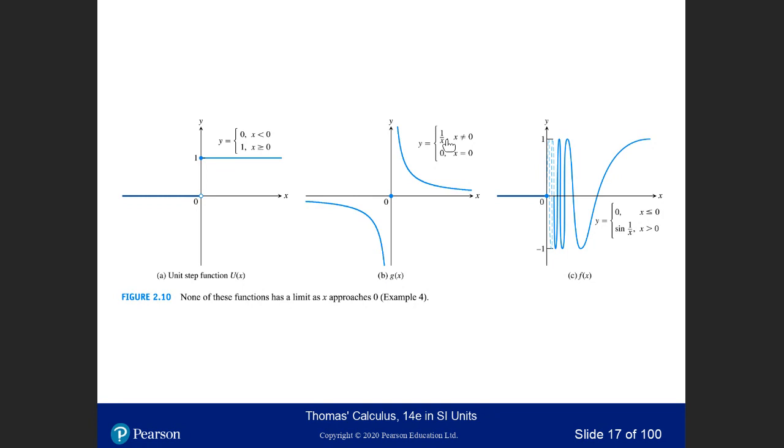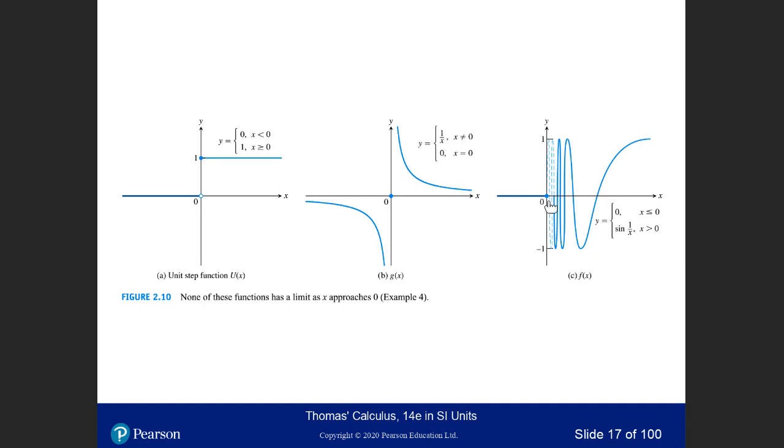Give me any number, 1 million. I can find values of the function greater than 1 million. So that cannot be a limit. On this side, if you approach 0 from the left-hand side, it gets very small, big negative numbers.